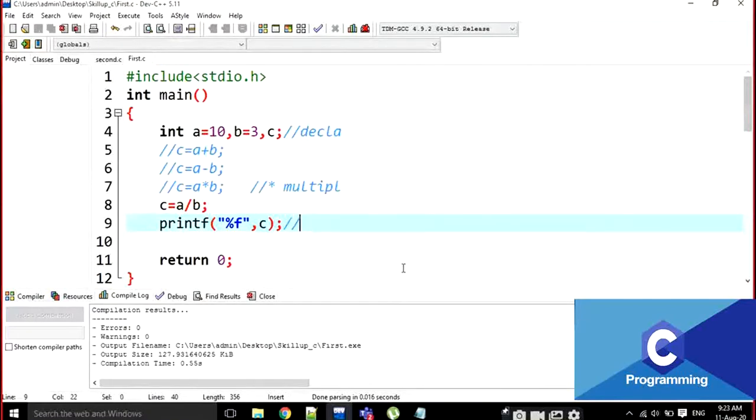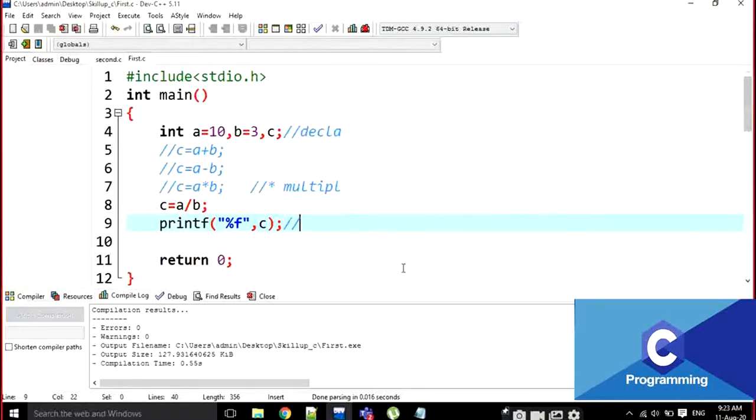I am going to display the value as a floating value. What is the C value? If it is an integer, it is 3. Students: 3.3333, up to 6 times. Yes, look at the output once. The output is 0.000000 like this.